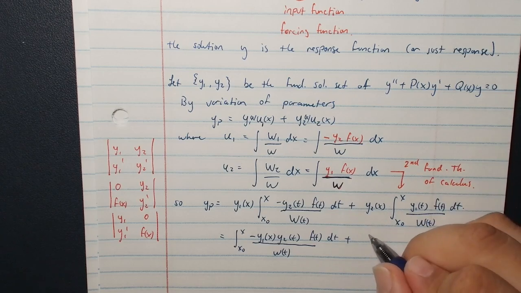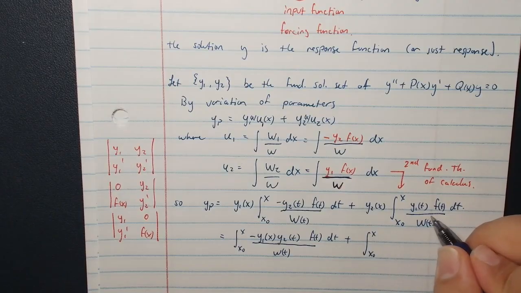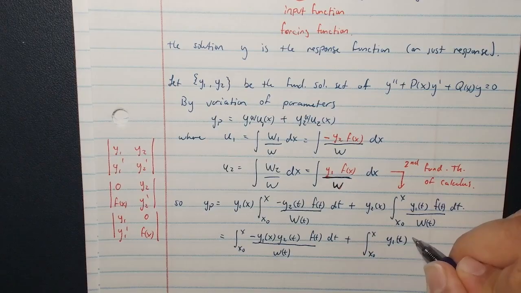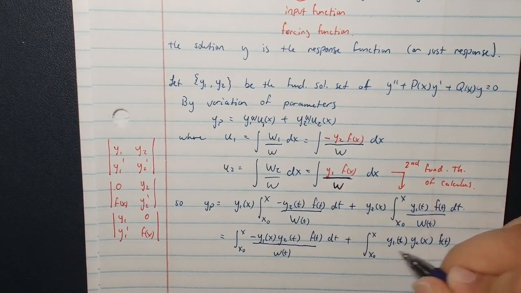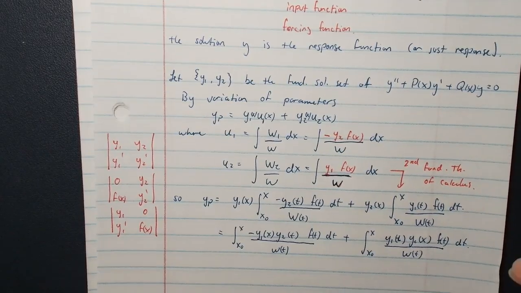I can bring this in, and that's going to be the integral from x naught up to x of y1 of t, y2 of x, f of t divided by w of t dt.